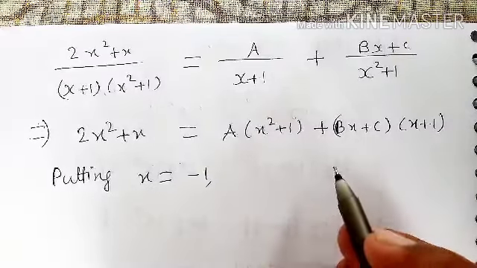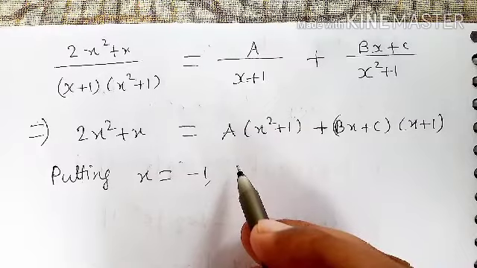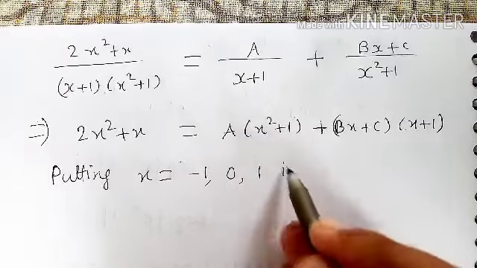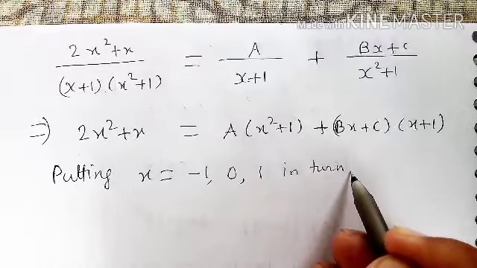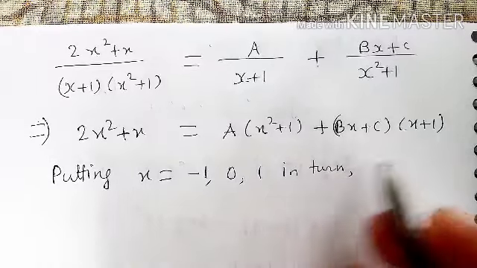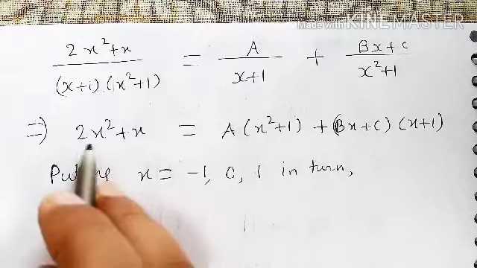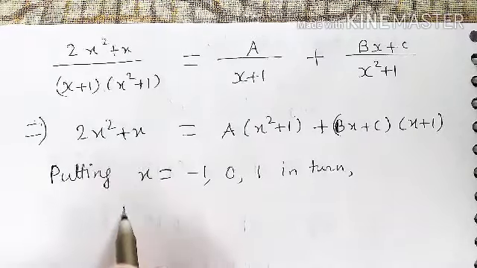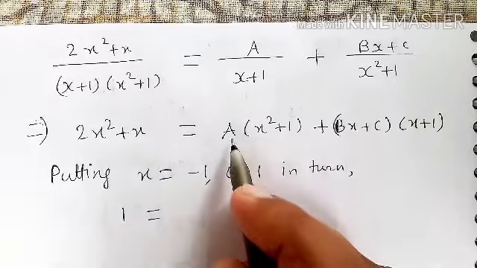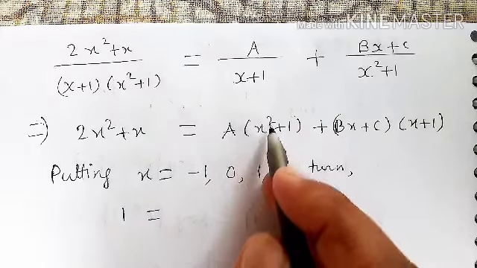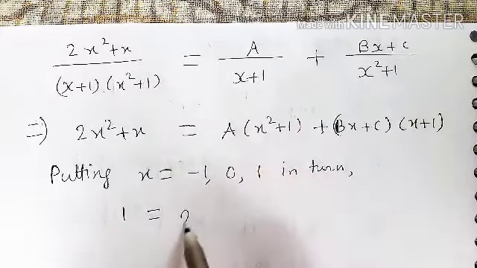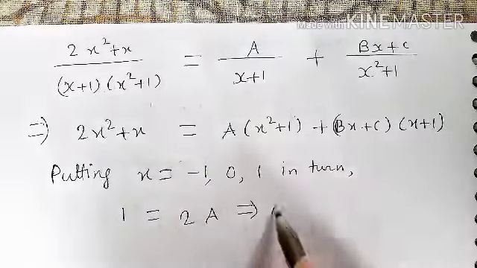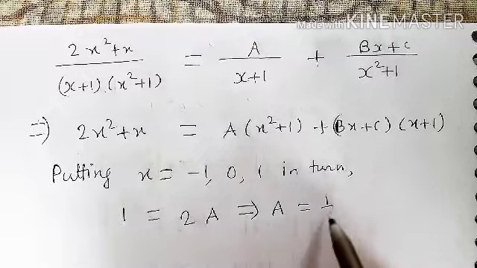So let us take another simpler value, 0 and 1 in turn. When we put x = -1, then 2 into (-1)² is 2, minus 1, this is 1. Here we have A times ((-1)² + 1) = 2A. This becomes 0. From here we have A = 1/2.